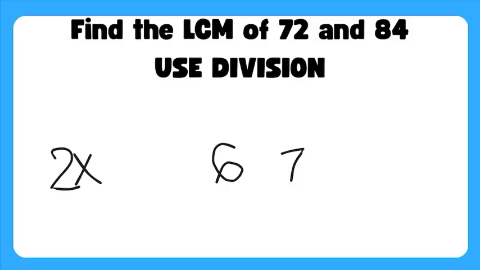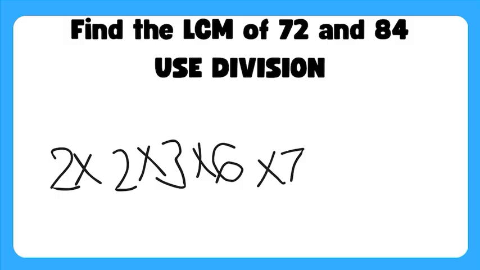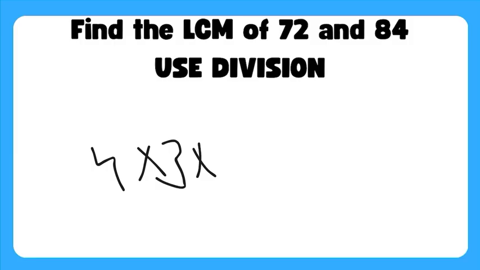2 times 2 times 3 times 6 times 7. So 2 times 2 is 4. 6 times 7 is 42. Then 3 times 42 will give us 128.